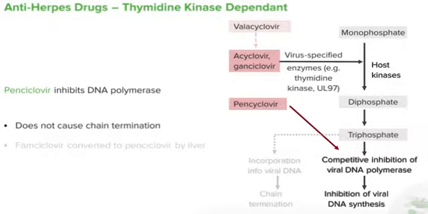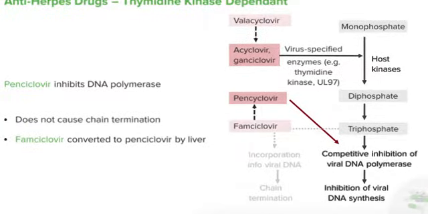Penciclovir actually works at the level of the DNA polymerase, so it doesn't cause chain termination, but what it does is it inhibits the production of DNA. Now, famciclovir is converted to penciclovir by the liver. So once again, I put this prodrug form in a little pink box just under the penciclovir.